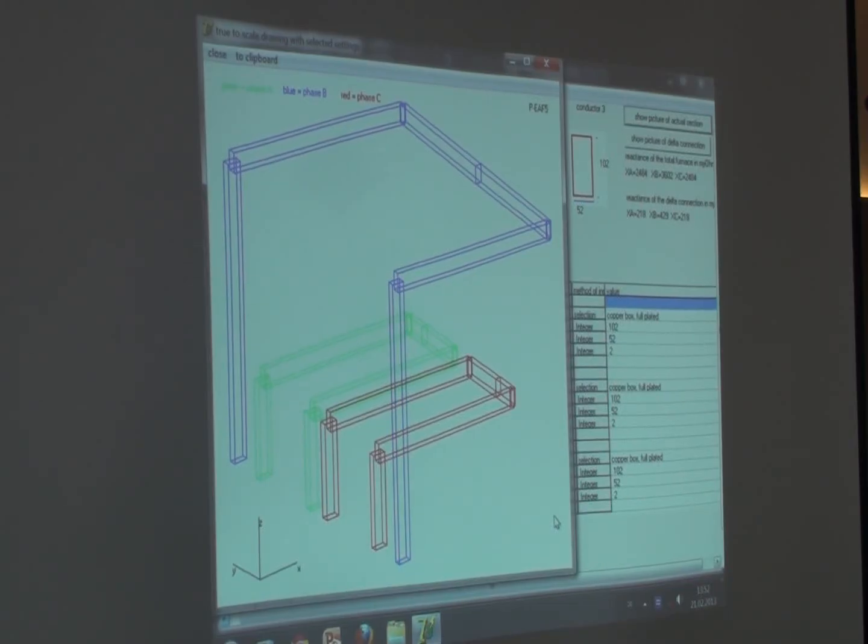Here must be a reactance which has the name XAB, and here must be a reactance which is named XBC, and this is a reactance named XCA.